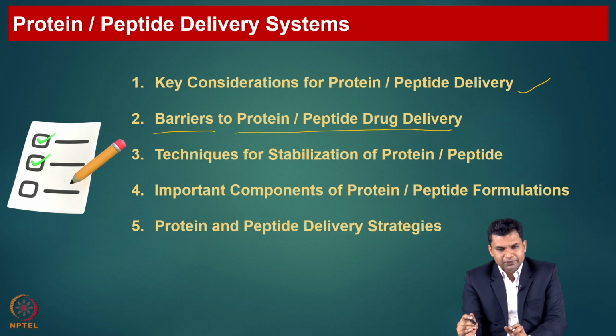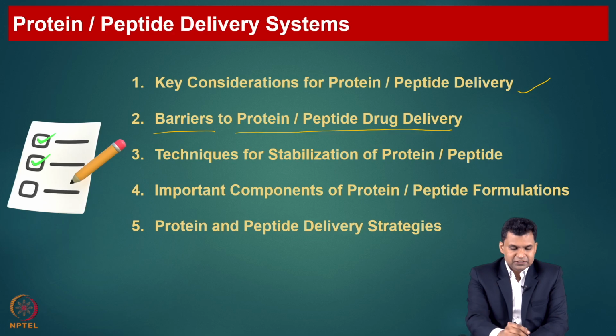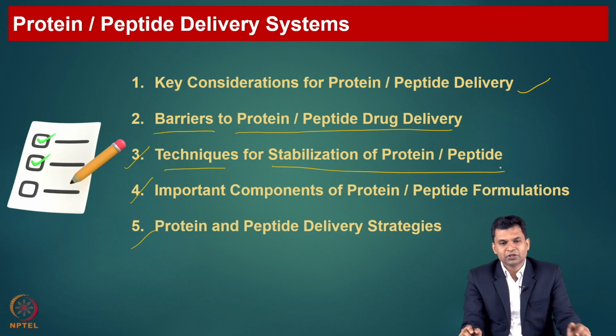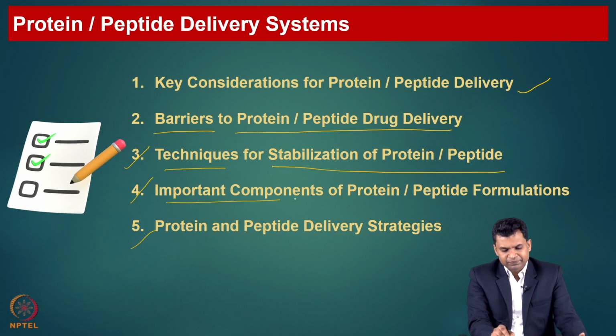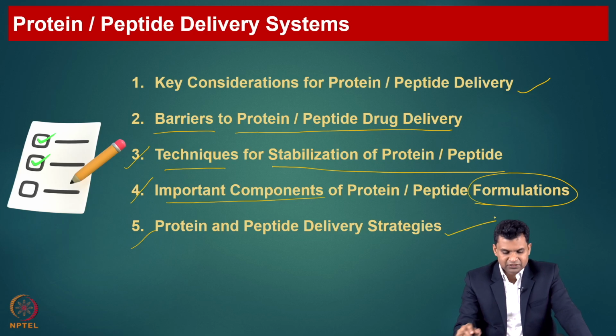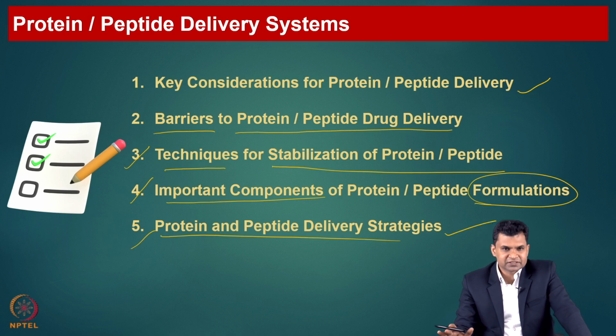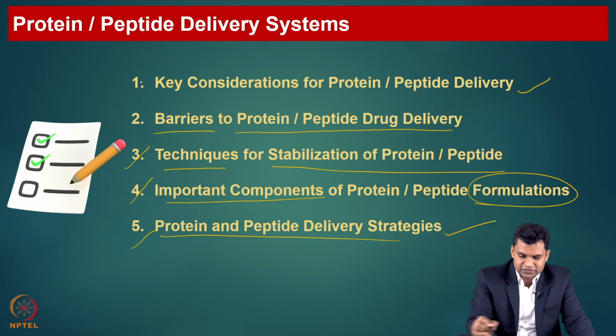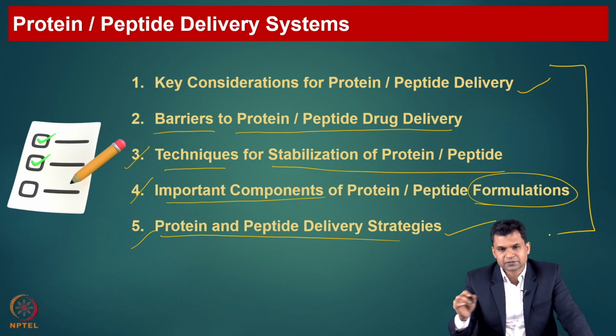And if time permits, we will go further to the techniques for stabilization of the protein peptide molecules. Then we will see the important components used in protein peptide formulations, and further the protein peptide delivery systems, and in 3 dedicated lectures I will focus on these 3 topics.